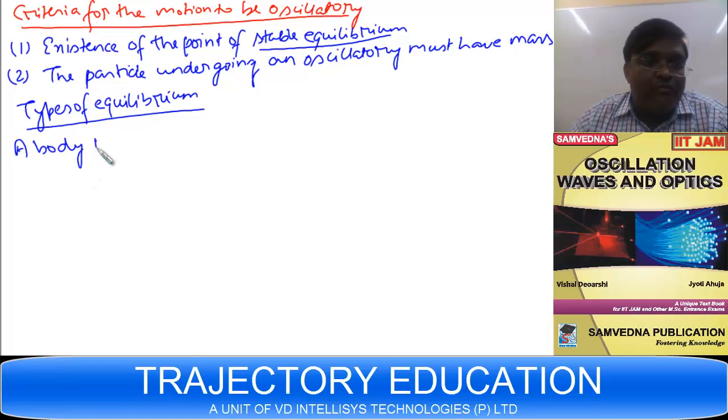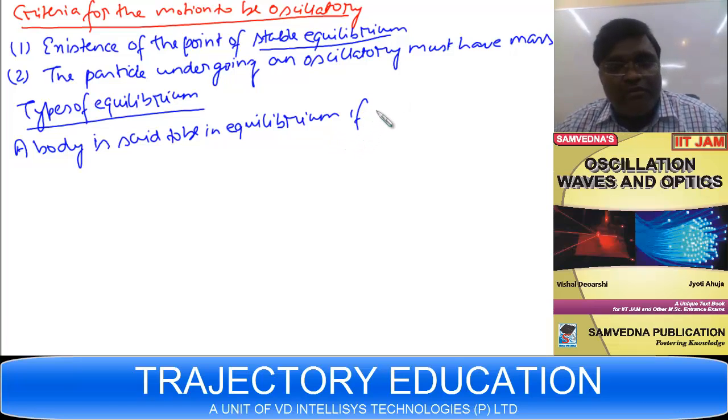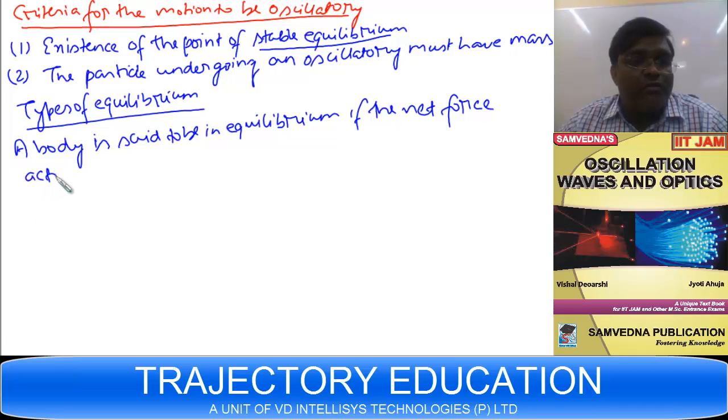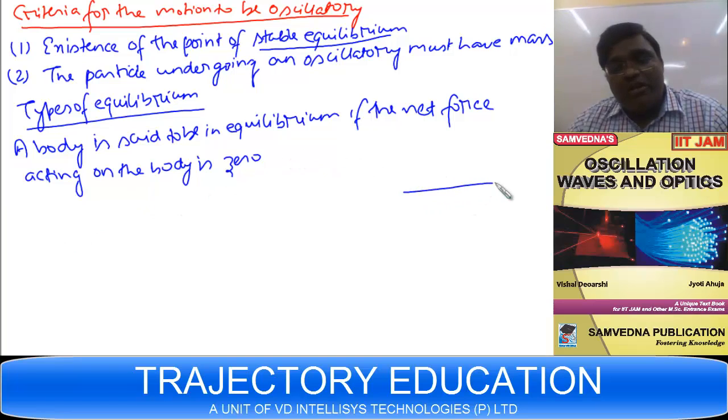A body is said to be in equilibrium if the net force acting on the body is zero. The net force acting on the body is zero. We say it is in equilibrium.